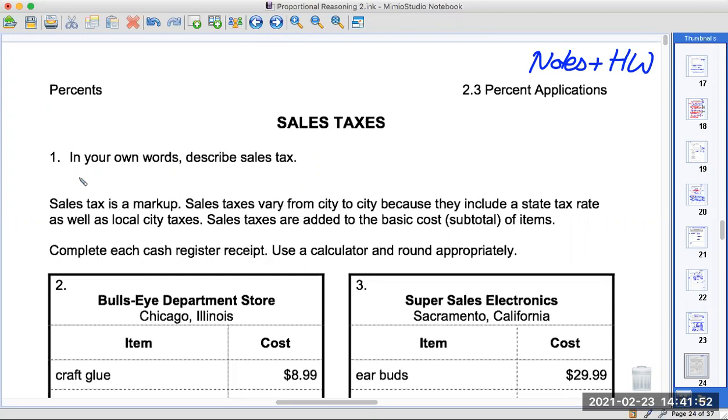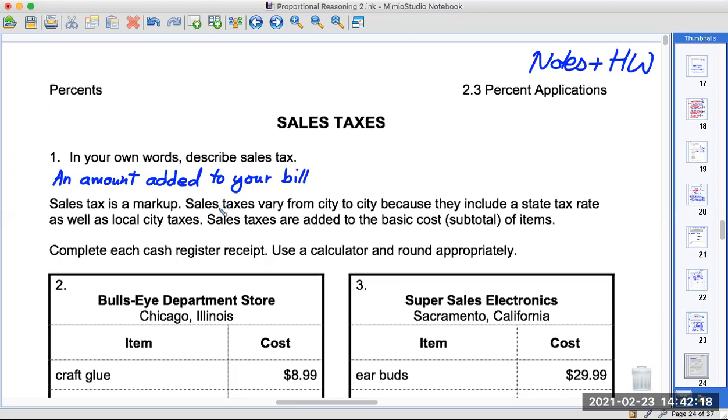I'm letting you think about it yourself, but I'm going to say it's an amount added to your bill. The only thing you don't pay sales tax on is groceries, food.